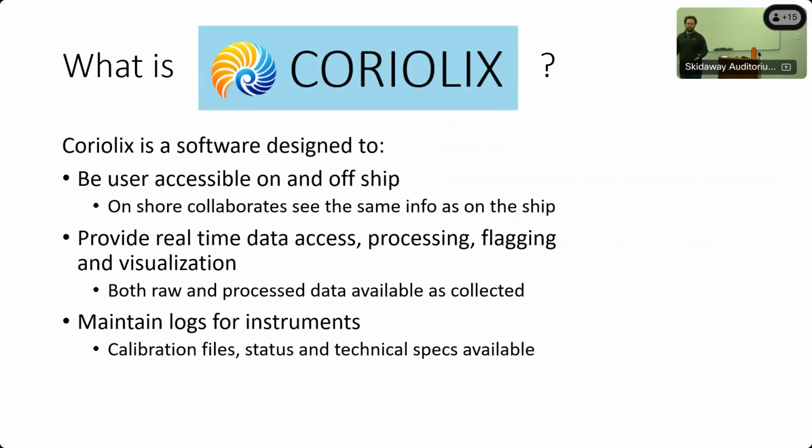So what is Coriolix? At its base, Coriolix is an information exchange system. It's basically a website where you can go to look at the data that's coming off the ship. And it's user accessible, meaning you can get it on the ship or on shore at the same time. And it does all the processing for you. It makes it so that you can pull up real data right as it comes off of the instruments.